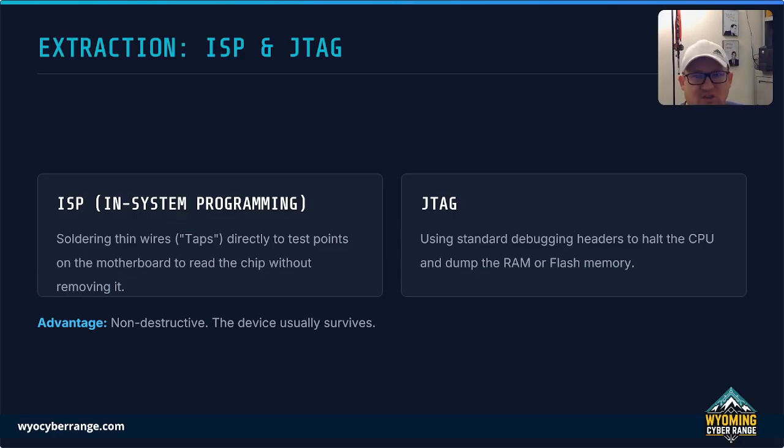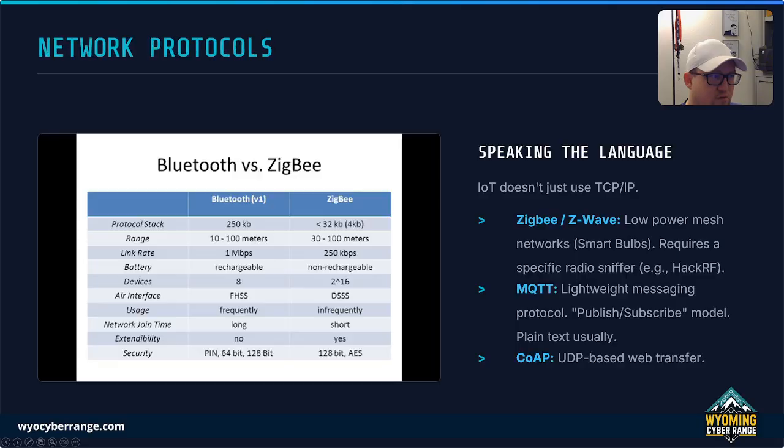Understanding that ISP and JTAG are preferred over chip-off because they don't require complete desoldering and physical removal of the chips is something that we may have to keep in mind when we're taking the test. So we try to do our traditional dumping of data, then we try to use ISP and JTAG, and if all else fails, we may resort to chip-off, as we will destroy the original device.